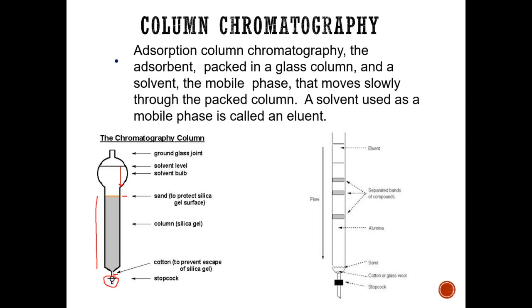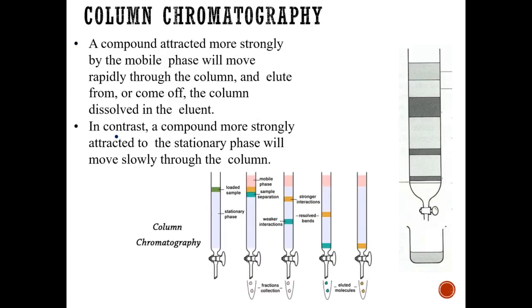We can also collect them by physical identification of the bands. A compound attracted more strongly by the mobile phase will move rapidly through the column and elute from the column dissolved in the eluent. In contrast, a compound more strongly attracted to the stationary phase will move slowly through the column.